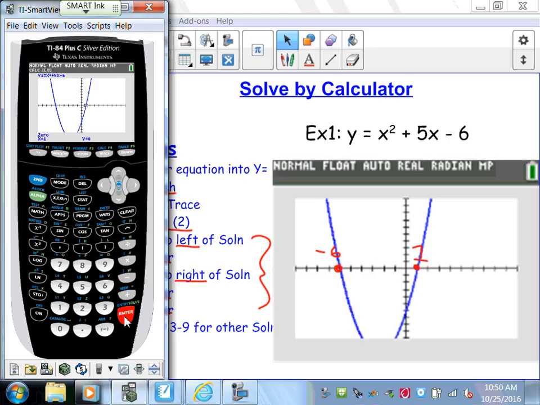Okay. So for example, if I want to find the -6, just hit second trace, and then hit 2 for the 0 because that just means solution. And then again, it's the left or right arrows. So I'm going to left arrow over as much as I can.